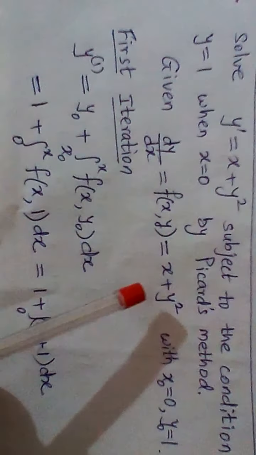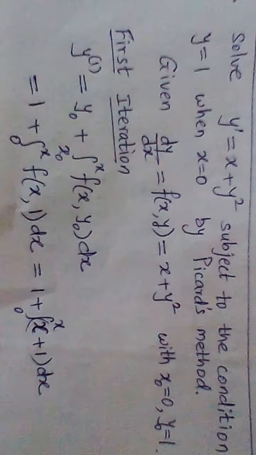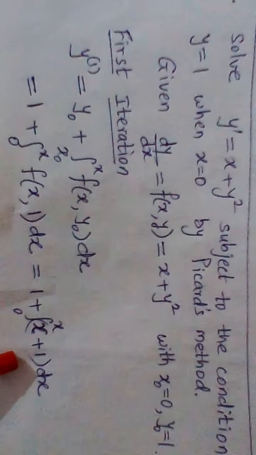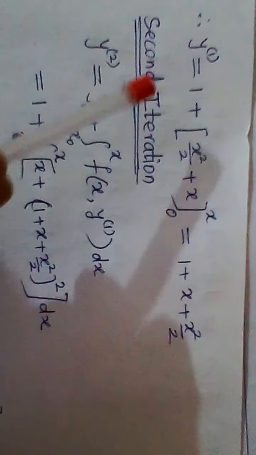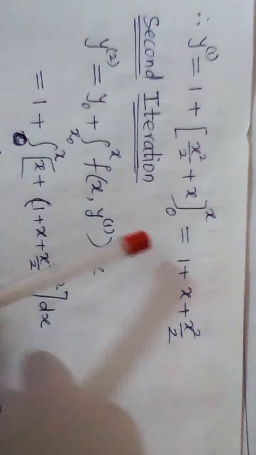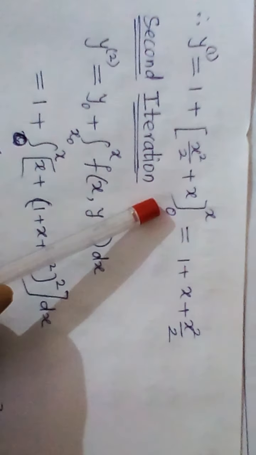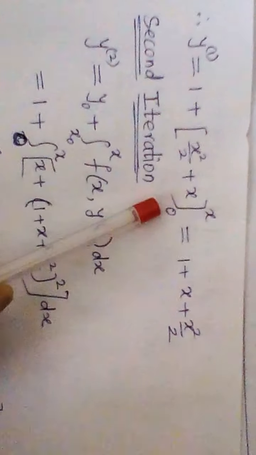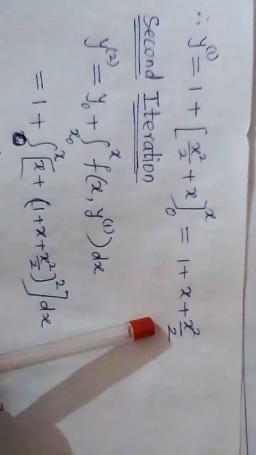My function says that add x coordinate and square of y coordinate. So that is what we have done. X plus 1 dx. So the integration will give y1 equal to 1 plus x square by 2 plus x within 0 to x. But as the lower limit is 0, the lower calculation will be 0. So what we are getting is 1 plus x plus x square by 2.